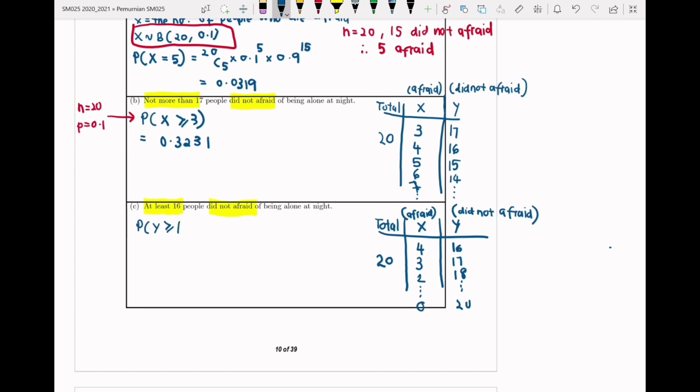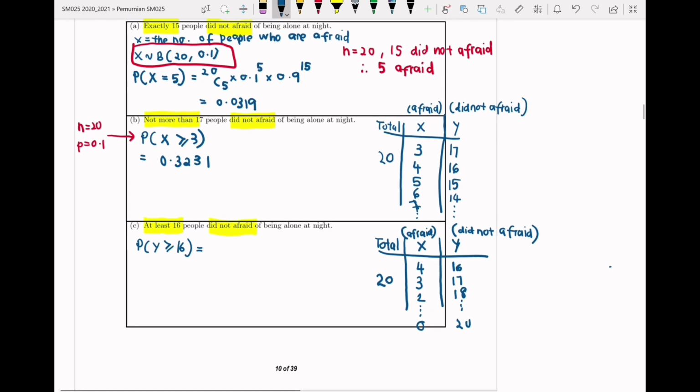That means for y greater than or equal to 16 not afraid, we need to change to x, because we have let our x be the number of people who are afraid. So we need to find the probability x less than or equal to 4. Then we will use the binomial table with n equals to 20, p equals to 0.1. But you need to remember the table only gives the greater-than-or-equal value.